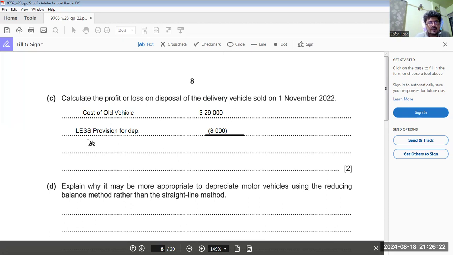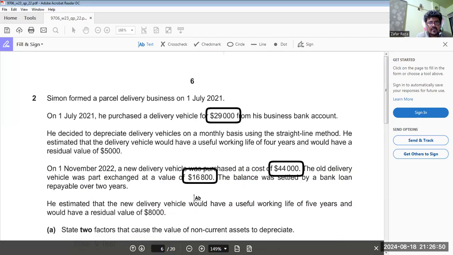Book value 21,000. Okay. Let's trade in allowance. Trade in allowance was how much? I forgot. 16,800. Yes.